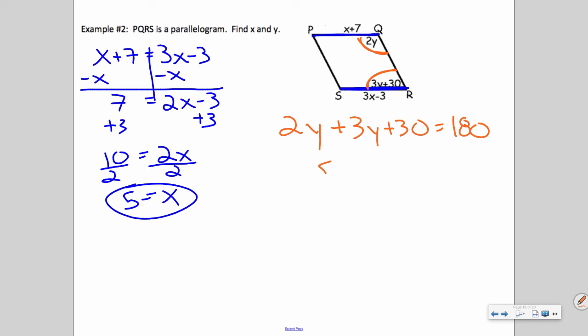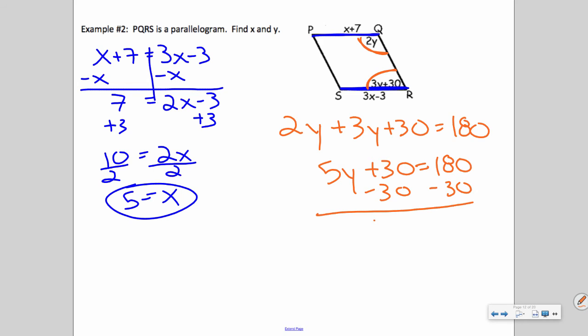I combine my like terms. Because they're on the same side, I just add them together. I subtract the 30. I divide by that 5. And I get that y is 30.